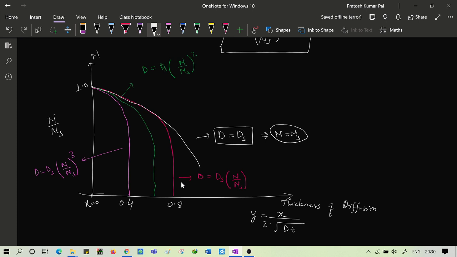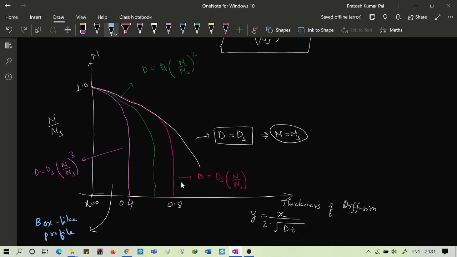Because of this perpendicular drop of the concentration at the x-axis, this region looks like a box-like structure. That's why it is called a box-like profile.